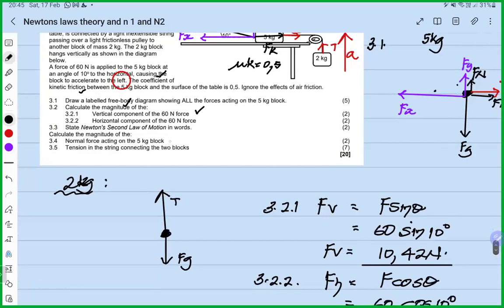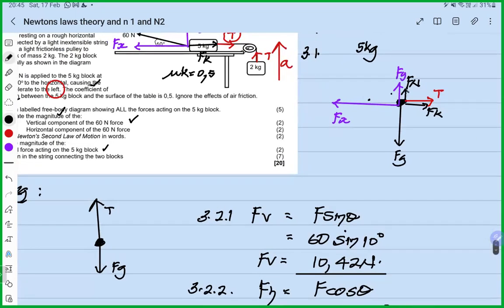Calculate the normal force on the 5 kilogram. And the reason why they wanted the normal force here is because they know that the normal force is not equal to Fg. They want the learners to see that on the free body diagram. So here, because there's no motion in the Y direction, this object is not moving vertically here.